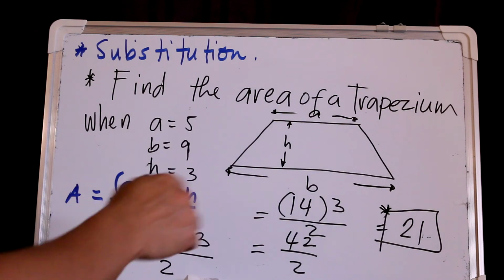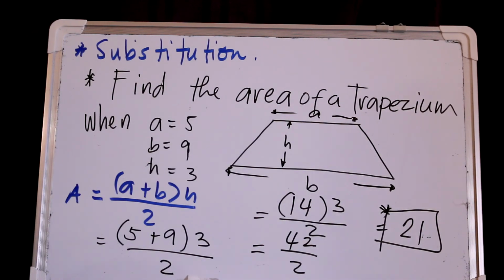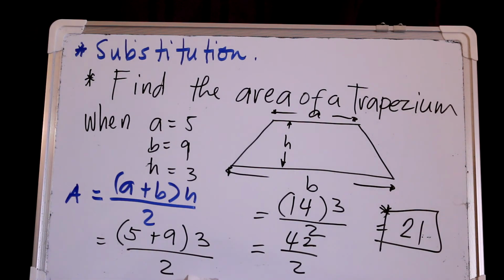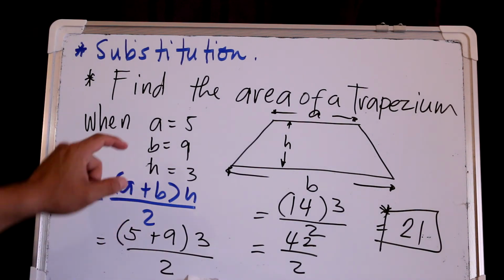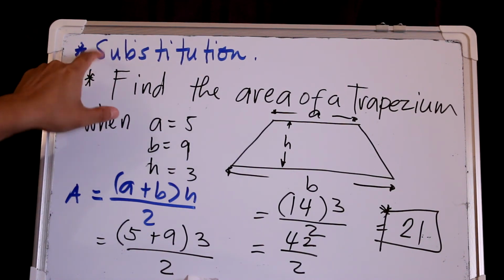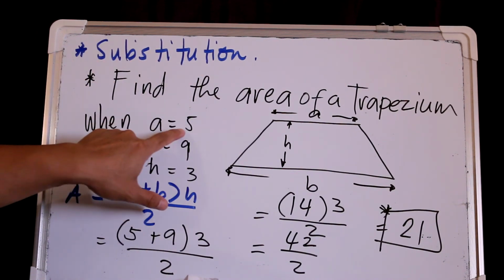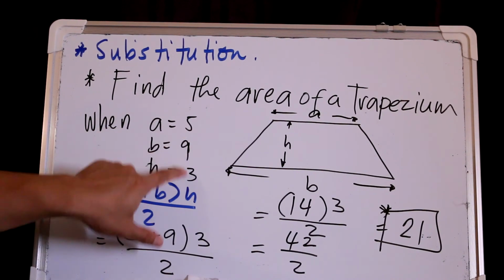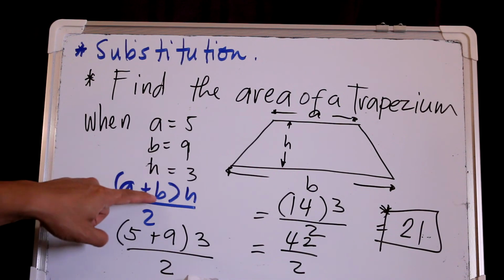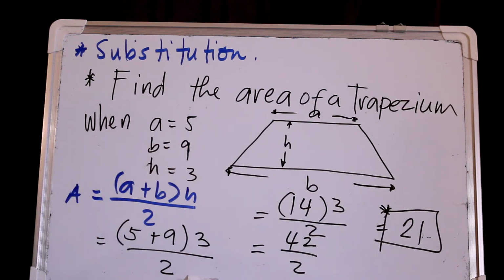So the total area of this trapezium is 21. Again, what did we do with substitution? If the question says substitute the given values, you replace the letters with the numbers they represent.